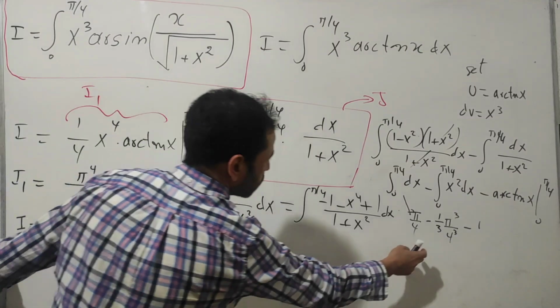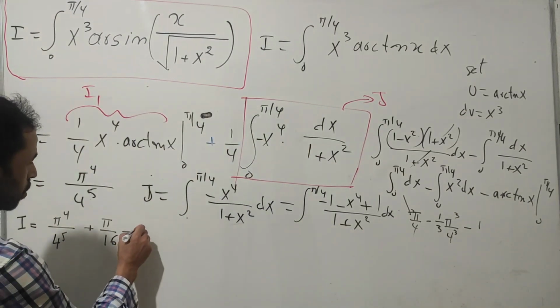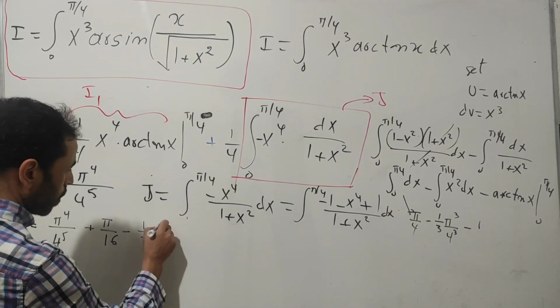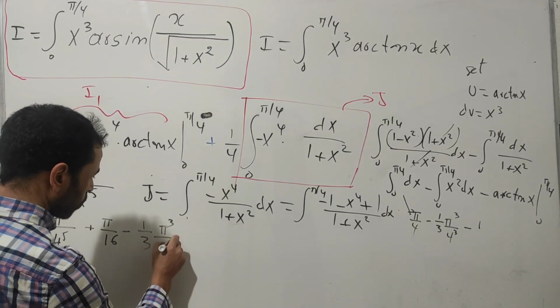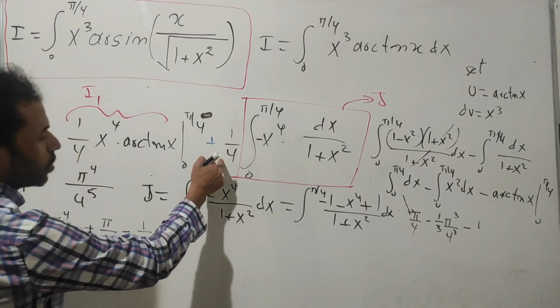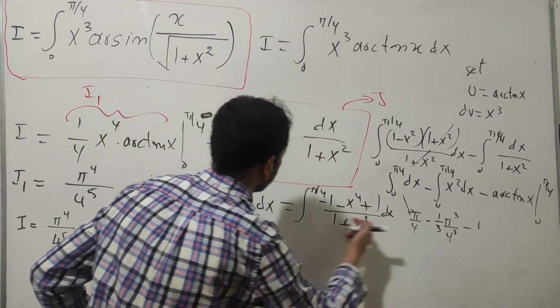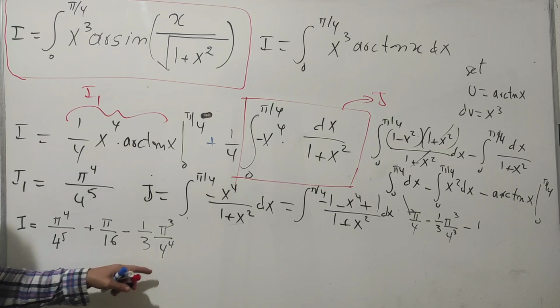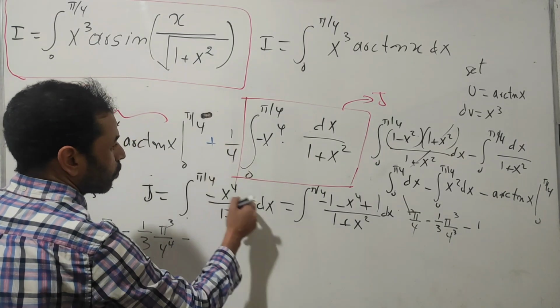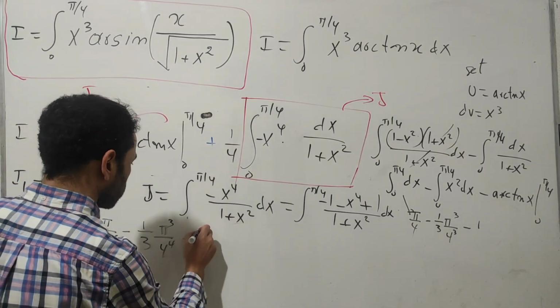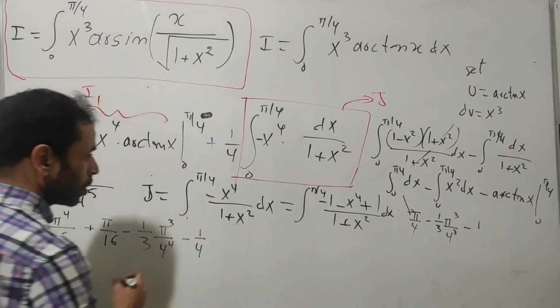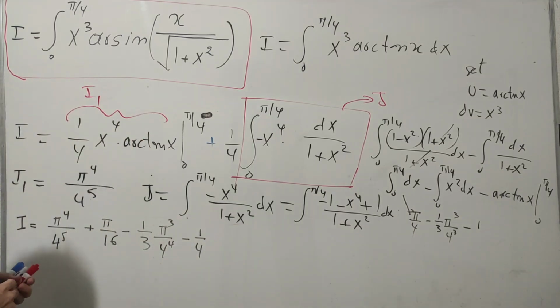The third term is going to give us minus 1 over 3 times pi cubed over 4 to the 4th, because the 1 over 4 here is going to multiply by this one and give us 4 to the 4th. Minus 1 over 4 is multiplied by number 1, which is going to give us minus 1 over 4, like this. Now we have ended with this.